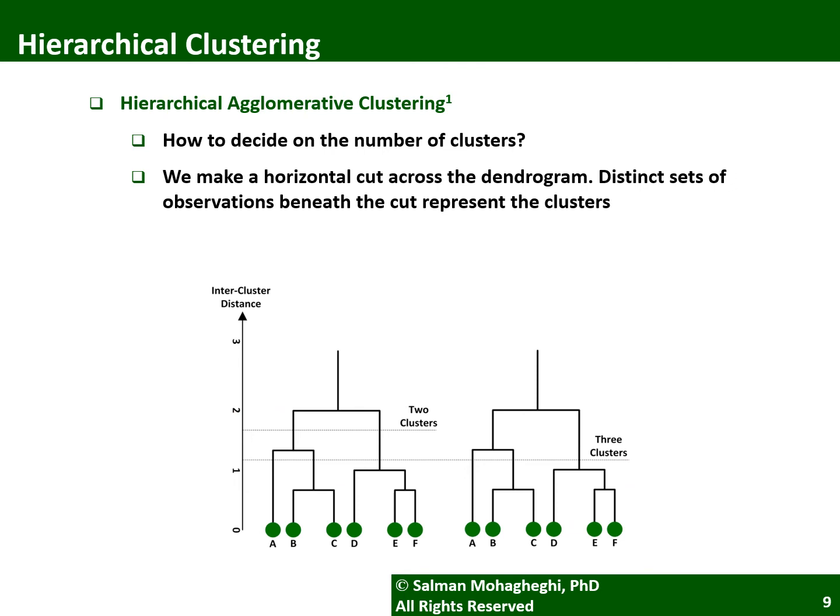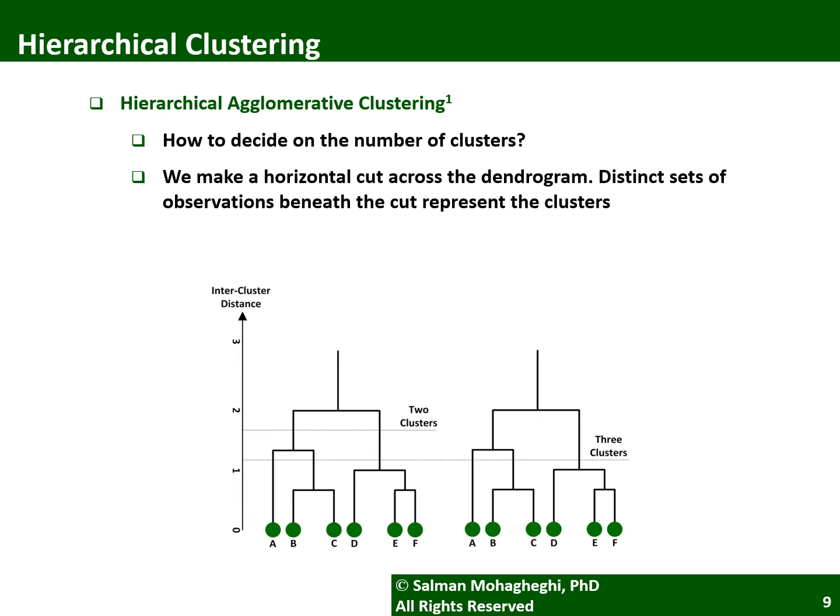Now, I mentioned earlier that one of the benefits of hierarchical clustering is that you don't have to decide on K, the number of clusters, beforehand. What does that mean? Essentially, once you have created your dendrogram, you then decide how many clusters you want.